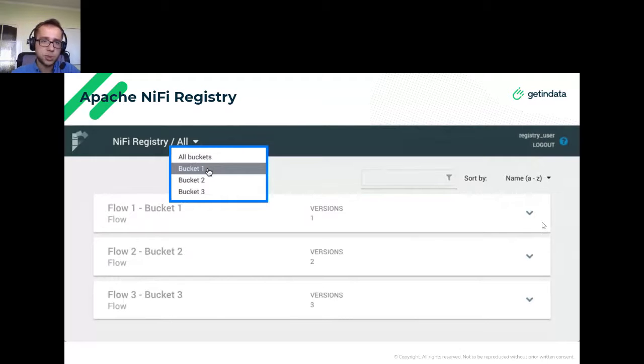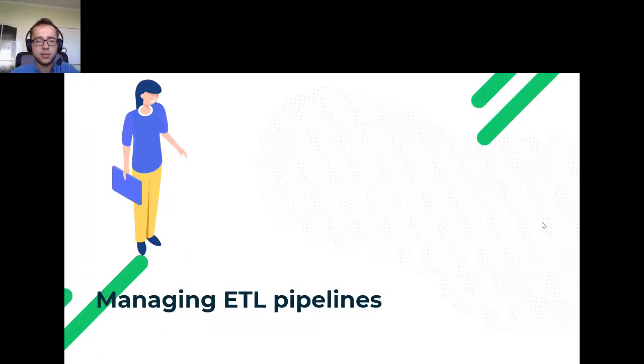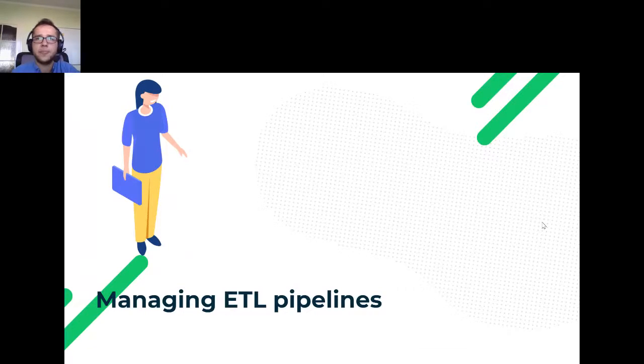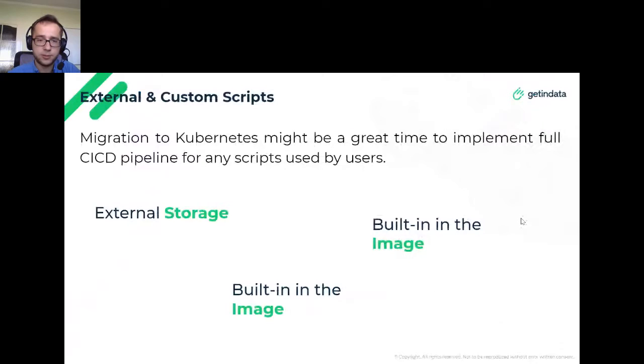So the NiFi Registry also requires setting up some rules when we talk about development directly in NiFi, because NiFi, as I said before, is a tool that also supports a kind of no code. So it also means that it can be used by many users, not only developers.